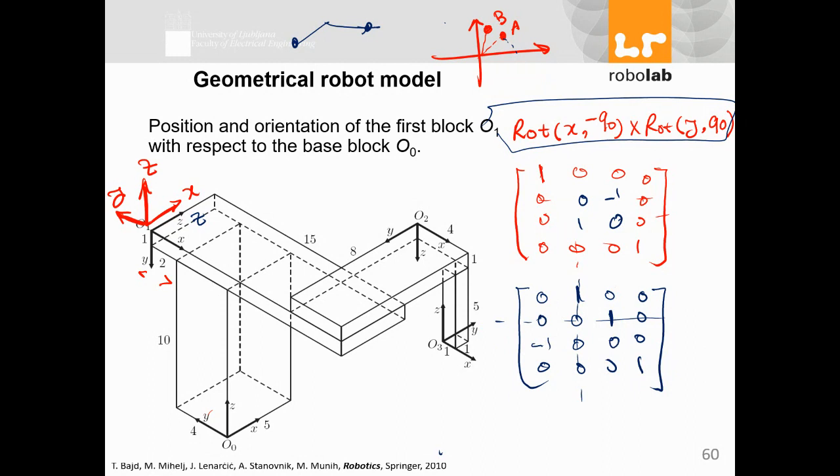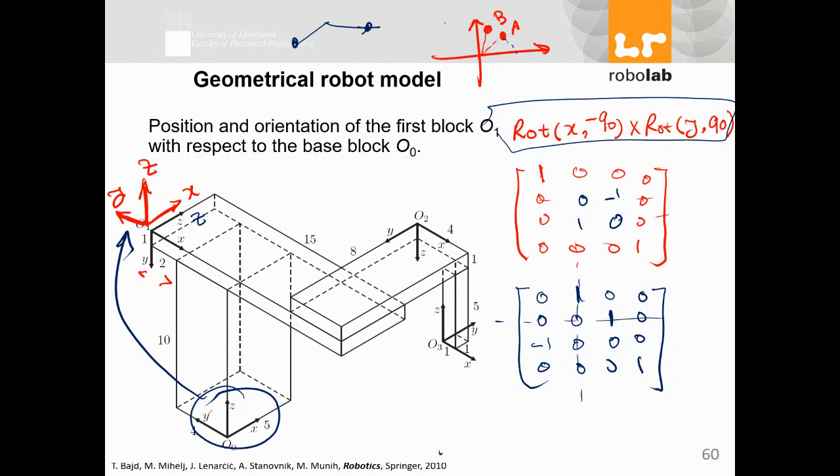So in brief, I just want to summarize very shortly what we did. We were looking at a homogeneous matrix, how to move from here to here. We figured out that to move from here to here, what we need to do is 2 rotations and 1 translational movement.